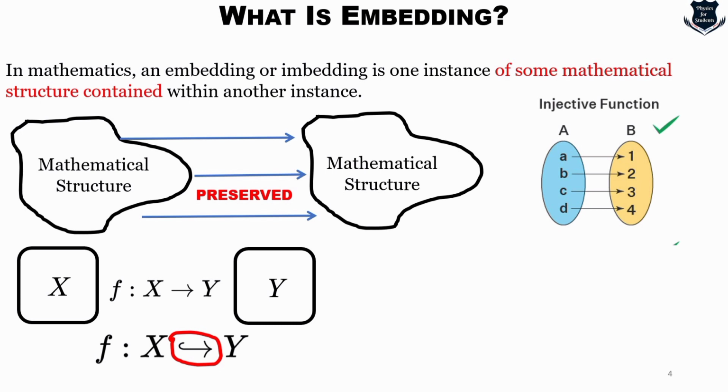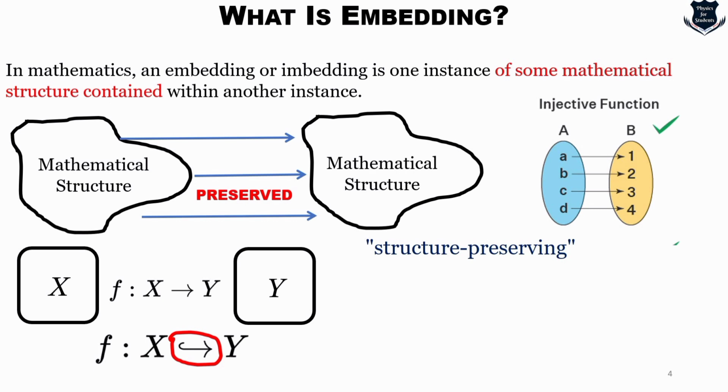So now you can see that each of the objects of one particular mathematical structure will have an injective function, and there will be structure preservation. Now when I talk of structure preservation, it depends on the kind of mathematical structure of which X and Y are instances.